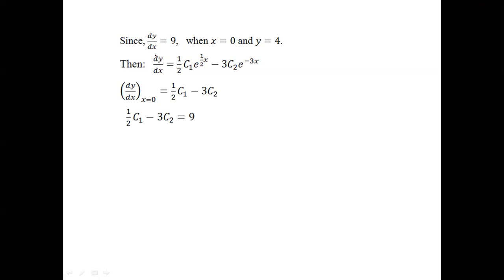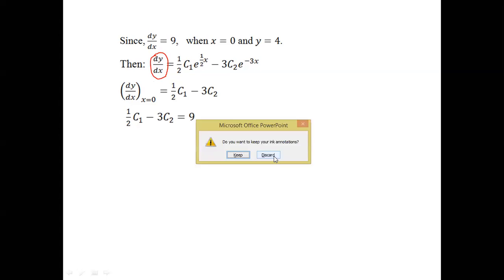So this is the differential coefficient of the general solution with respect to x. If you differentiate the general solution, let me put it here so that you'll be able to see it.